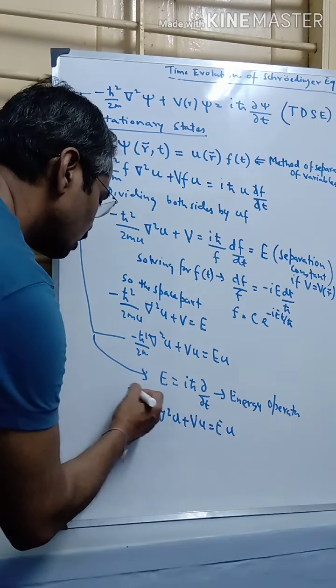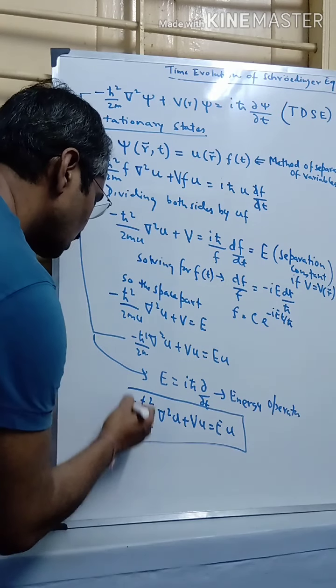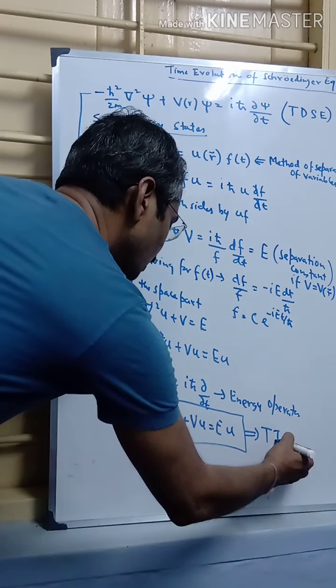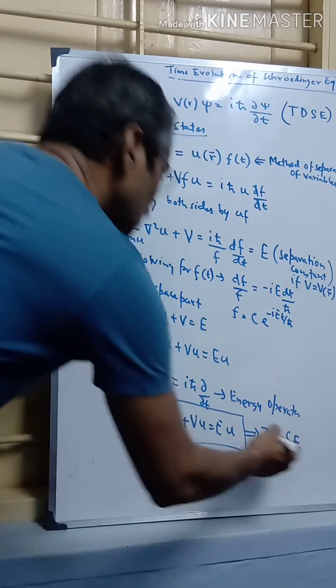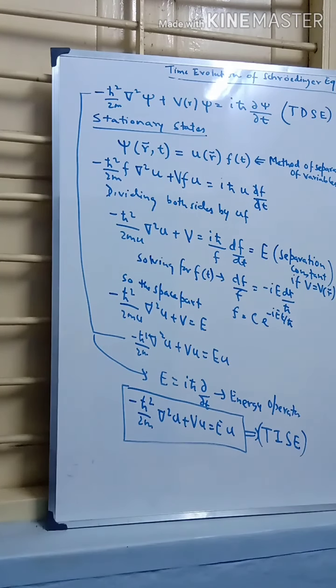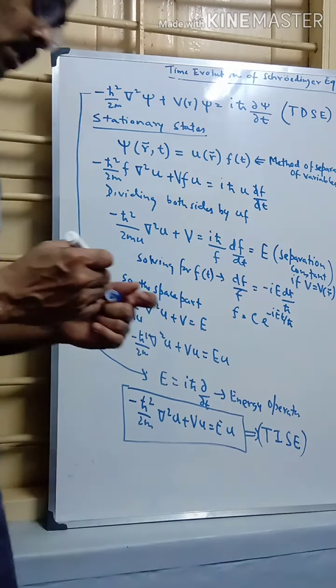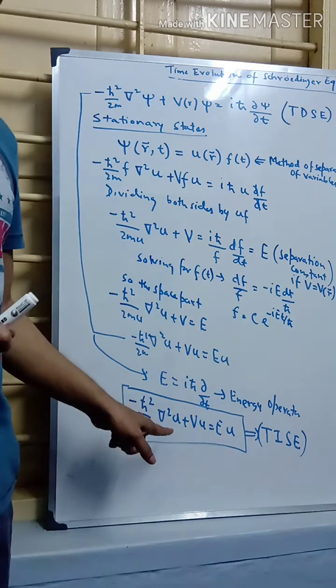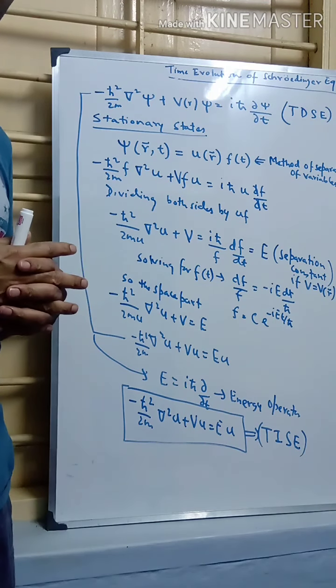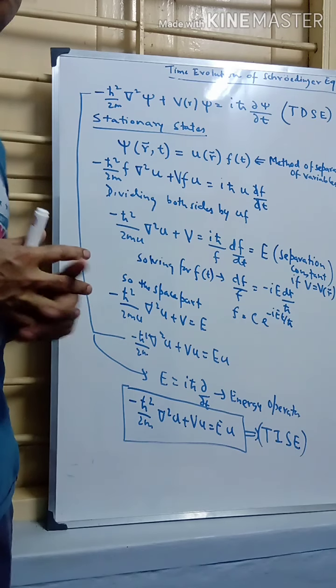So this is another equation. We can solve it with the knowledge of time independent Schrodinger equation. Like TDSE, we have TISE, the time independent Schrodinger equation. We will be solving this particular equation for different problems in our next section.